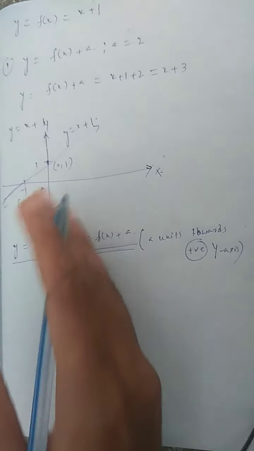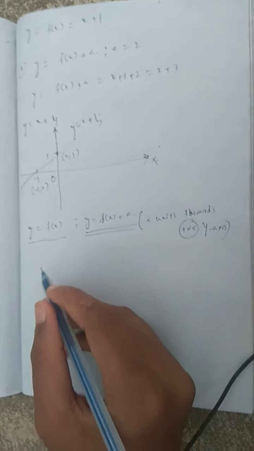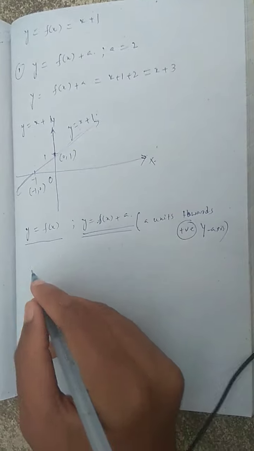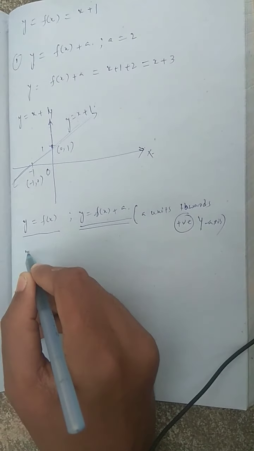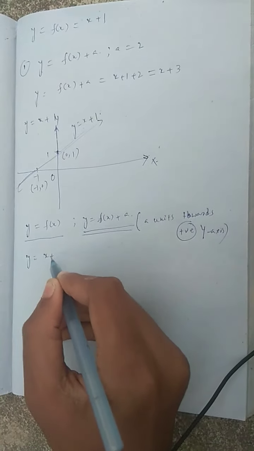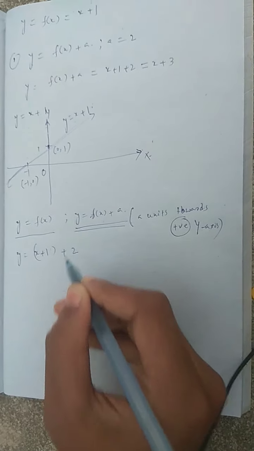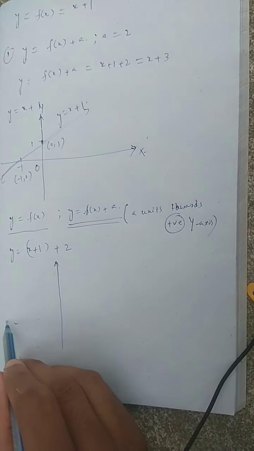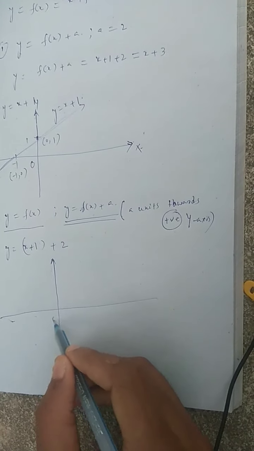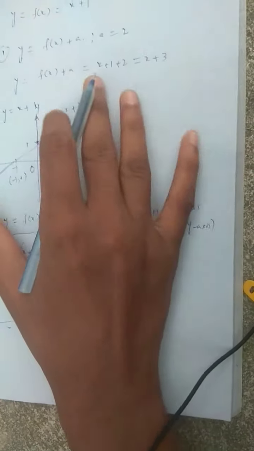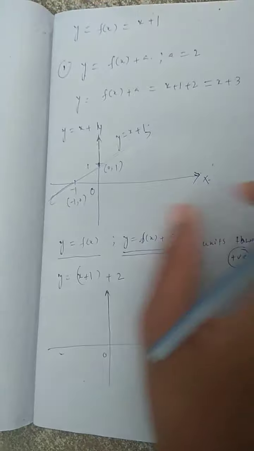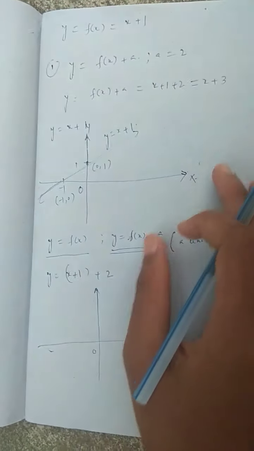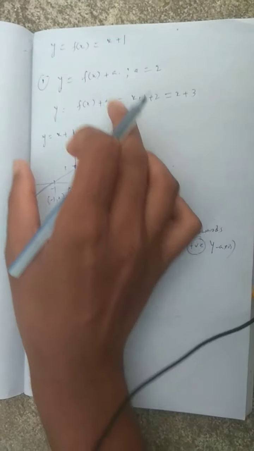Now let us see this example. We have to draw y equal to x plus 1 plus 2. Let us transform this graph a units upward, that is 2 units upward.